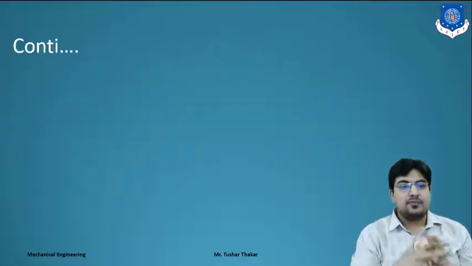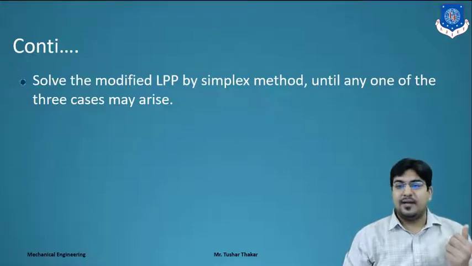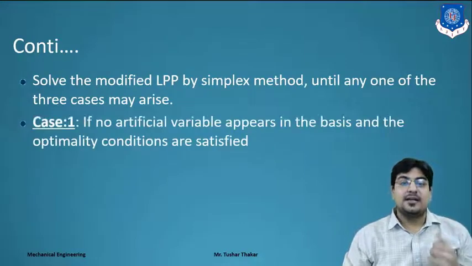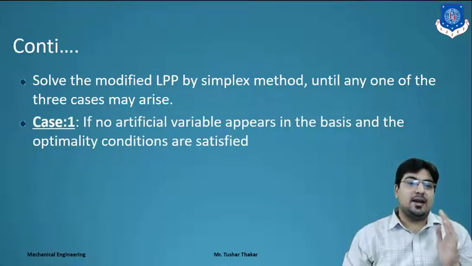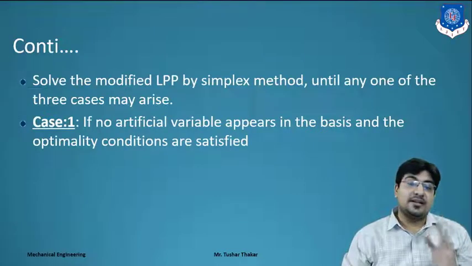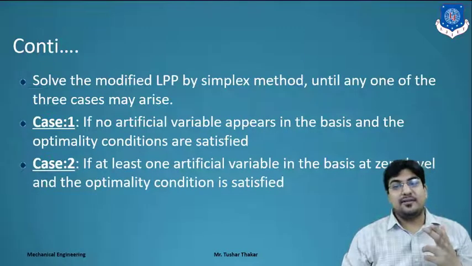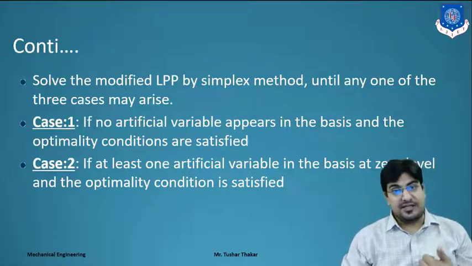Clear? So solve that modified LPP by the simplex method until any one of three cases arises. First case, if no artificial variable appears in the basis and the optimality conditions are satisfied, meaning we have eliminated the M variable from the basis. Second case, if at least one artificial variable is in the basis at zero level and the optimality condition is satisfied.